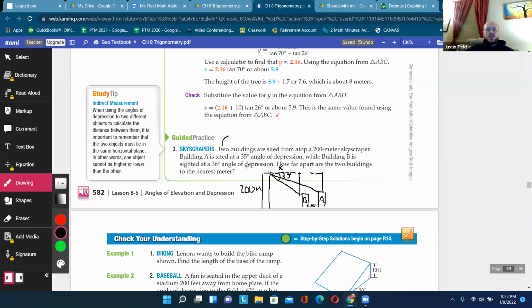Well, this could be a little tricky because is the 200 going to be the full side, or is it going to be from the top of the building? Right, this is where it gets a little tricky.